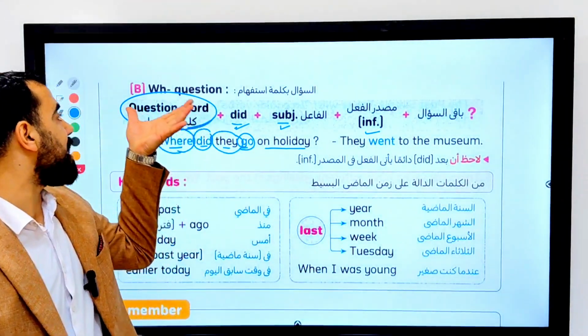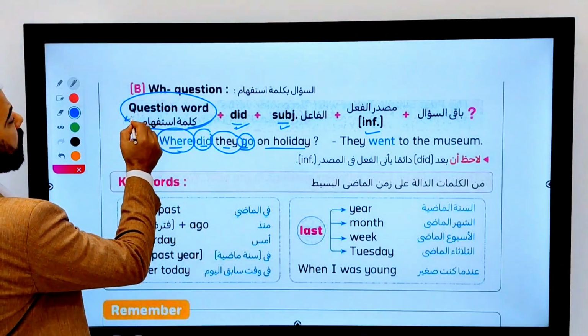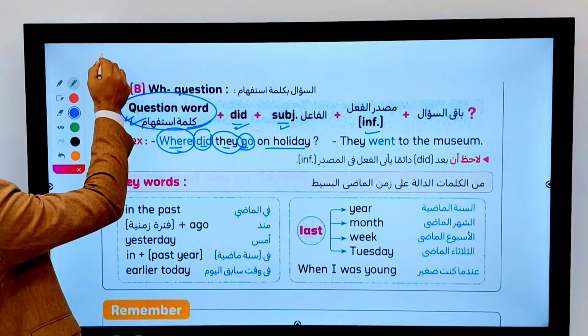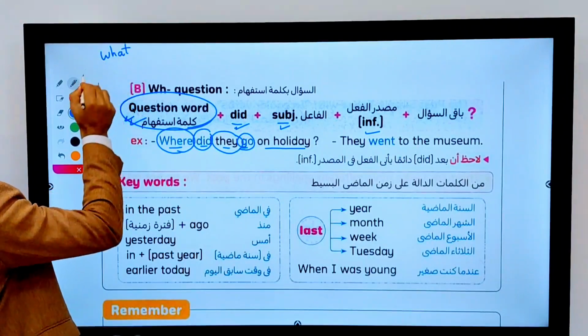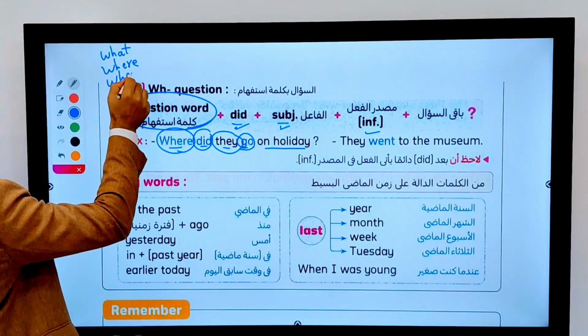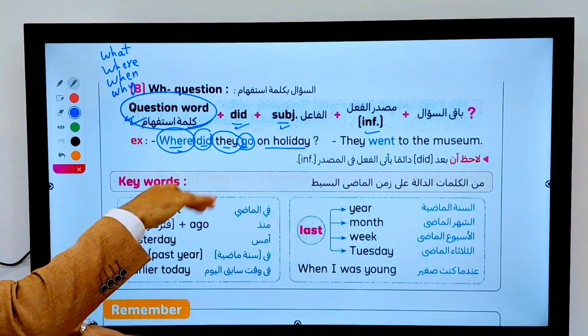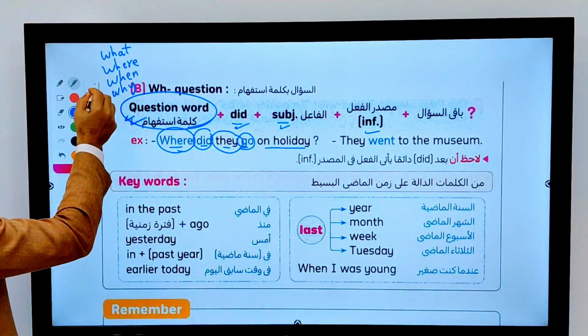So I'm asking a WH question, and we call it WH because it starts with a question word. And this question word could be what, where, when, why, which, who.